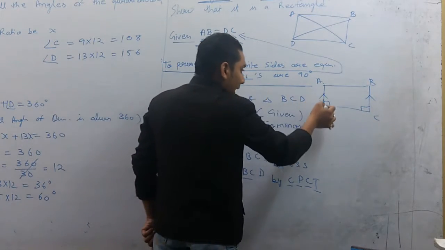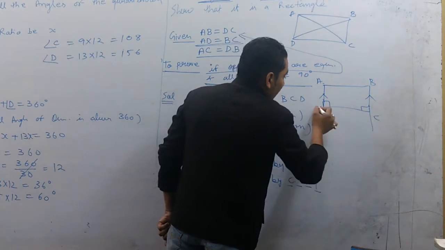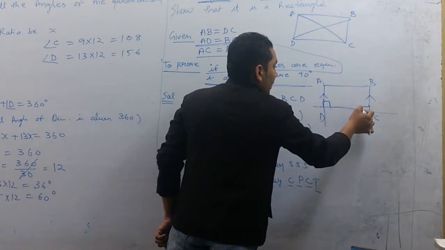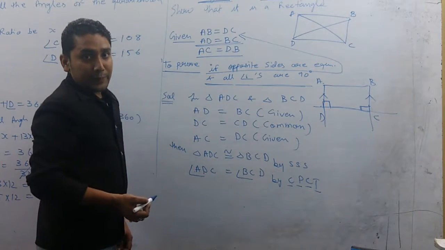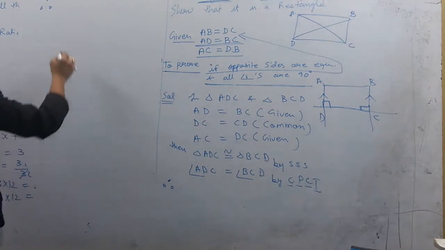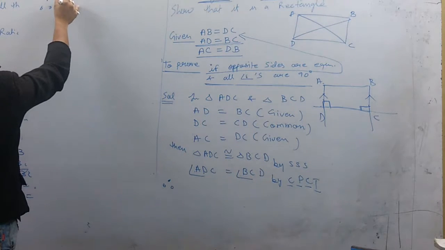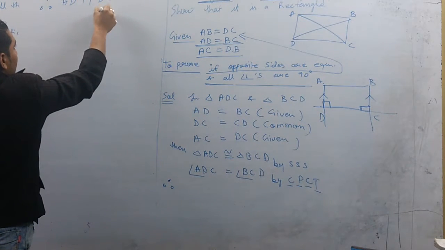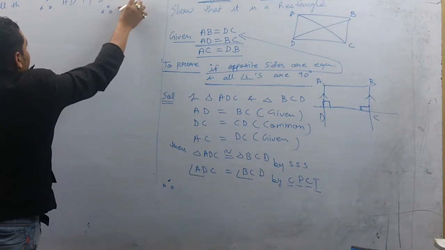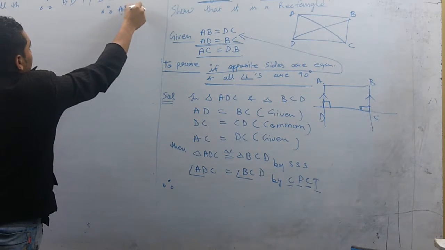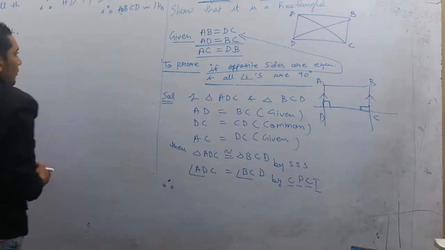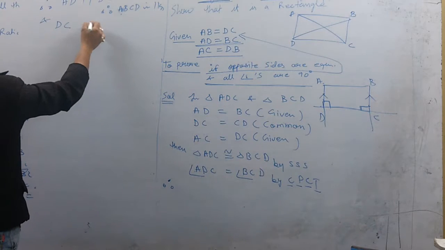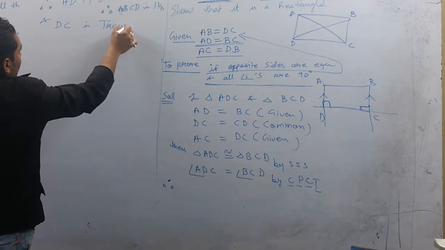If two lines are parallel and one transversal cuts them, then the same side angles are always 180 degrees, because AD is parallel to BC because ABCD is a parallelogram, and DC is a transversal.